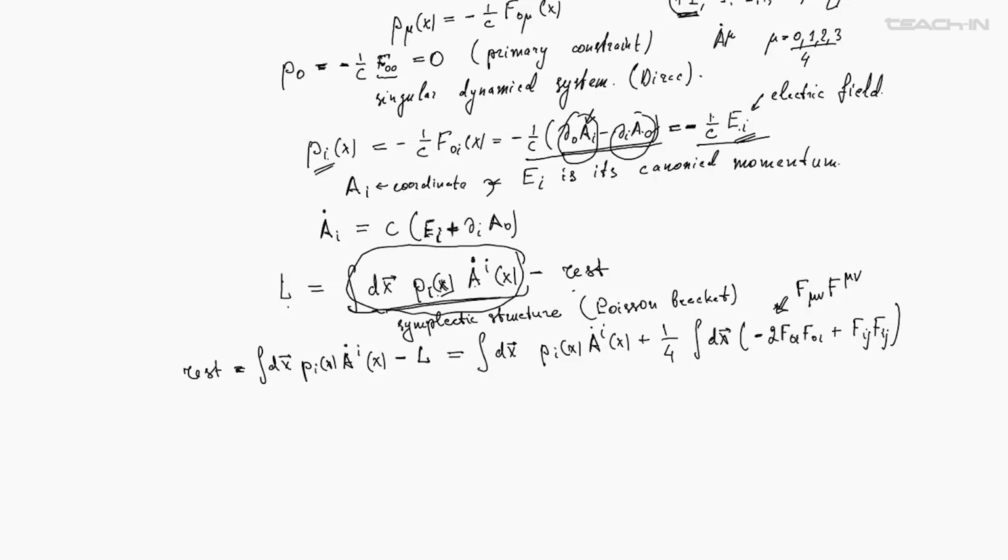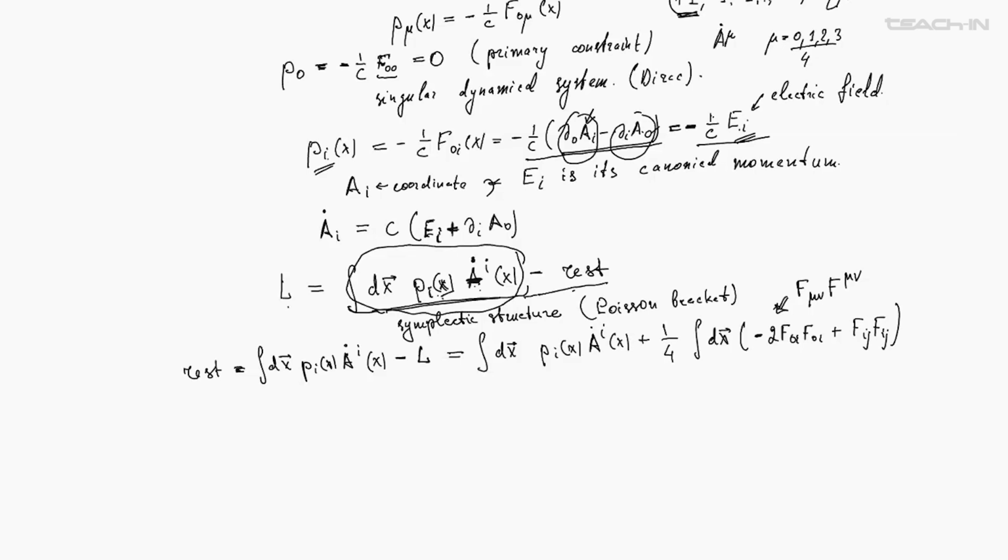Now, this expression is a bit unusual in a way that this Lagrangian depends on coordinates, on ai. It depends on momentum, and it also involves velocity. So it's kind of a hybrid formulation. It contains Hamiltonian variables, which are coordinates and momenta, but it also contains a Lagrangian variable, which is a velocity.